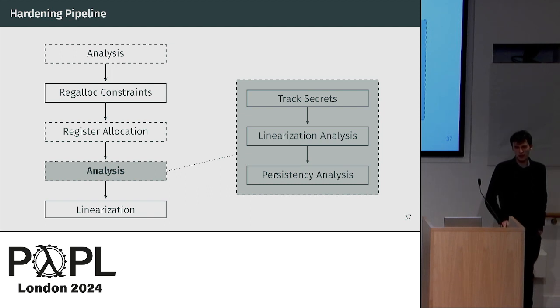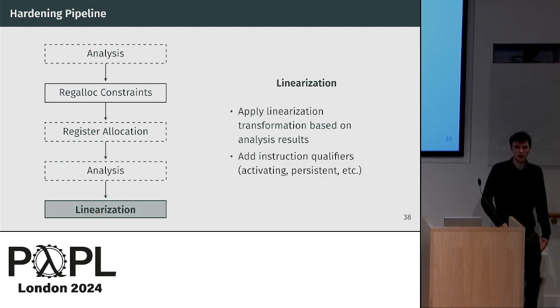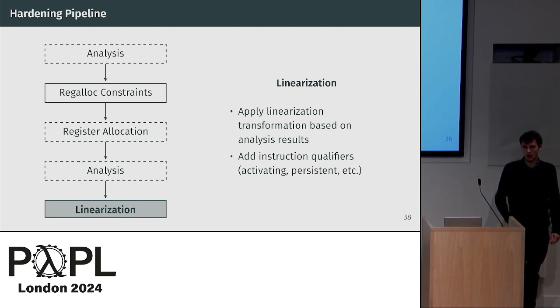The main reason we did it this way is that it was a bit easier than trying to maintain the results of the previous time we ran those passes throughout the register allocation. But this isn't an ideal solution. And finally, we applied the linearization by replacing the branches with activating branches and adding instruction qualifiers to the instructions that need to be computed persistently.